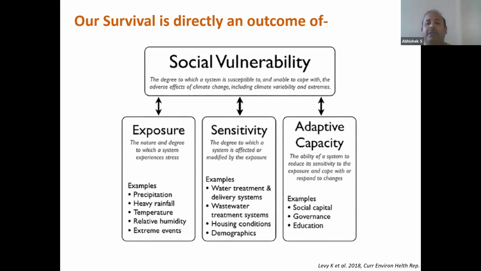And then we have the adaptive capacity. Although we have sensitivity, how are we adapting to these problems? Our capital, governance, education all come under adaptive capacity. If you have better adaptive capacity, your vulnerability is lower. If you have lesser adaptive capacity, your vulnerability is much higher.